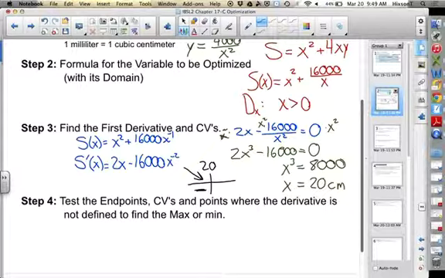And if I plug in something bigger, let's say 30, I'd have 60 minus 16,000 over 900, so 160 over 9.